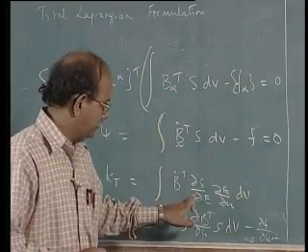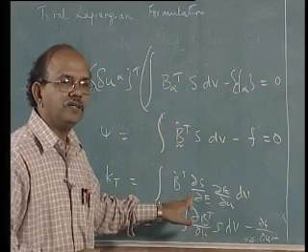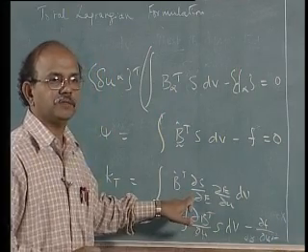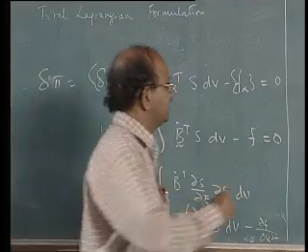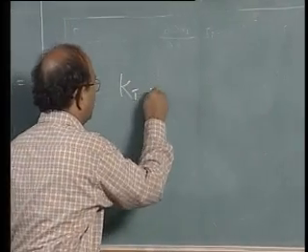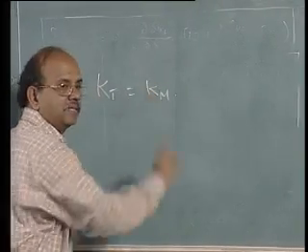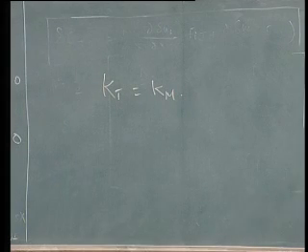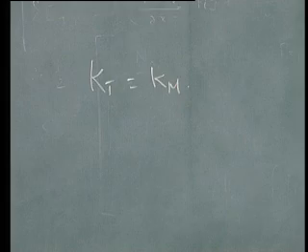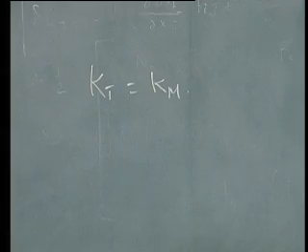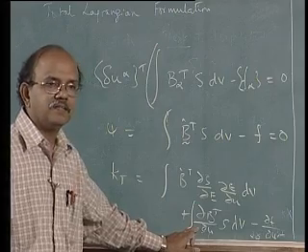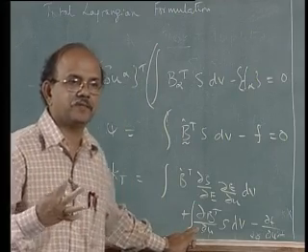This guy is due to the material contribution and is called the KM matrix, the first one here. That's the material contribution. The second one here is due to geometric stiffness.